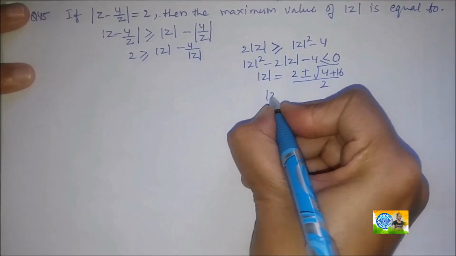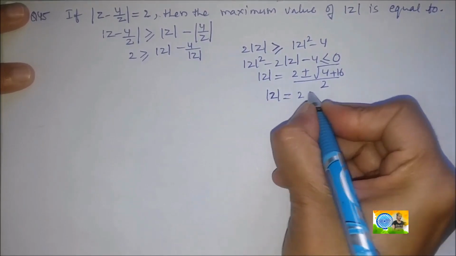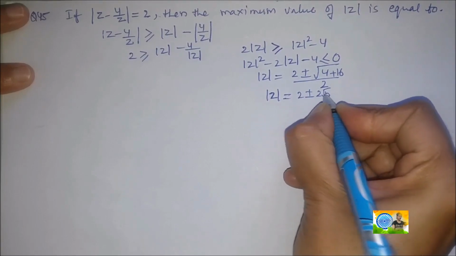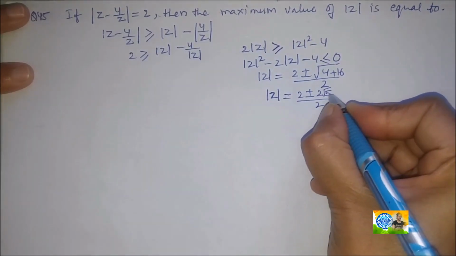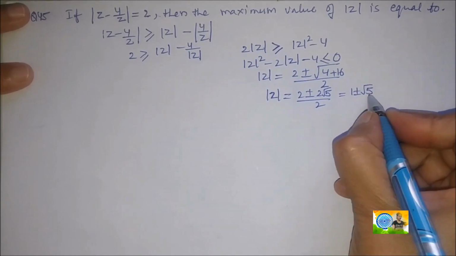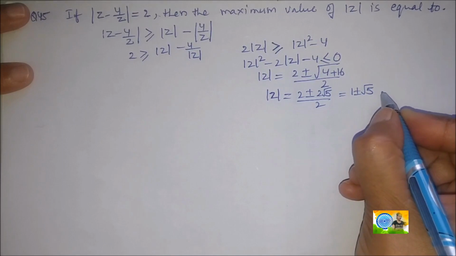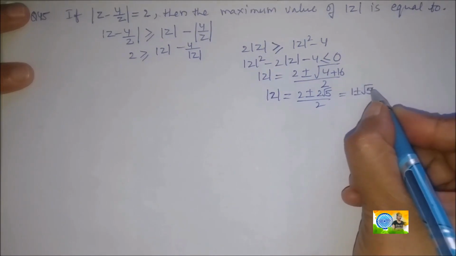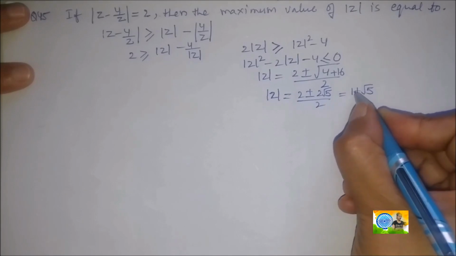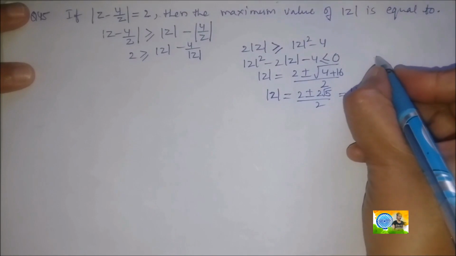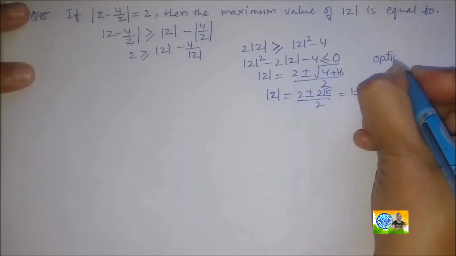This gives mod z is equal to 2 plus minus under root 20, is 2 root 5, upon 2, and if I cancel 2, this will be 1 plus minus root 5, and the value of root 5 is 2 point something. So if I take the negative sign, this expression becomes negative, and mod z cannot be negative, so I'll go with the positive sign, and this matches with option B. So option B is the correct answer.